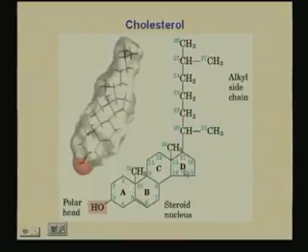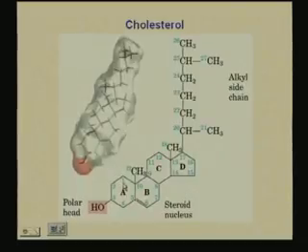This forms the part of every steroid. This is the steroid nucleus. The changes are in the alkyl side chain. So, any bile salt or any other sterol that we will see will have a difference in the alkyl side chain, but this steroid nucleus remains intact.